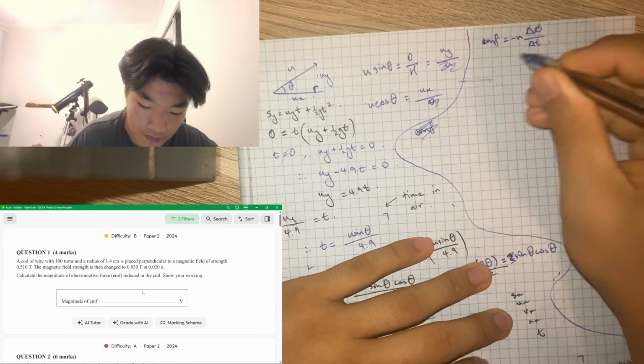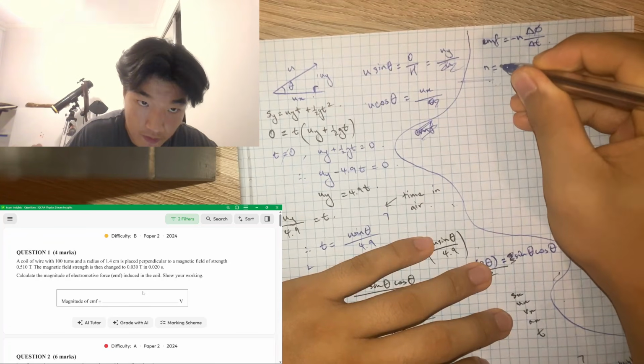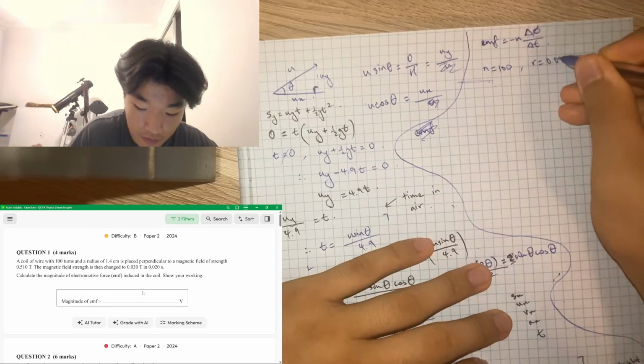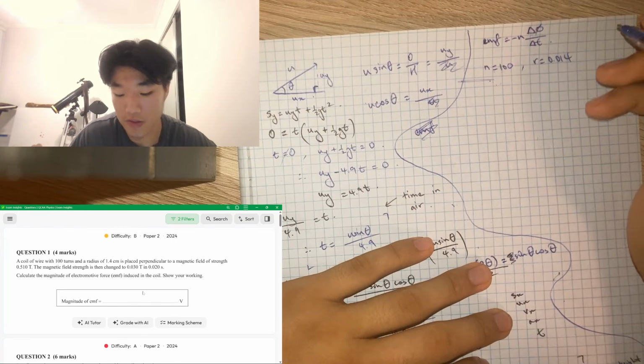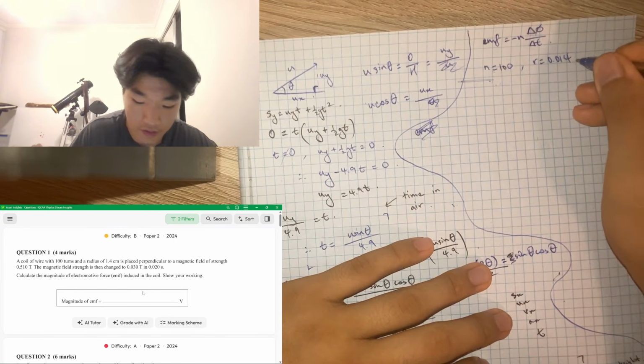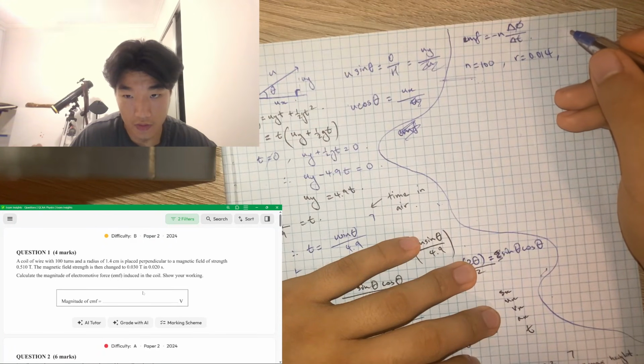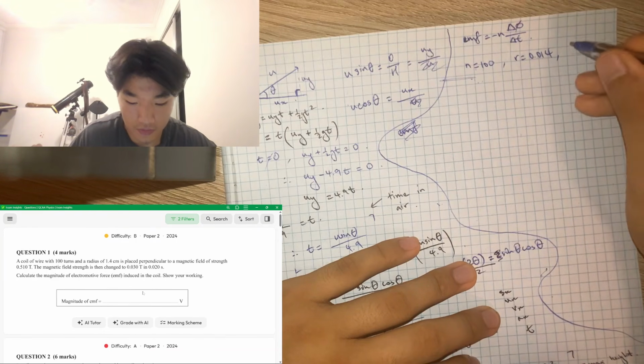So we're calculating EMF, n equals 100, r equals 0.014, because it was 1.4 centimeters. We're converting it to meters, so we're dividing by 100. It was placed perpendicular to a magnetic field of strength 0.51 Teslas. And then it changed.